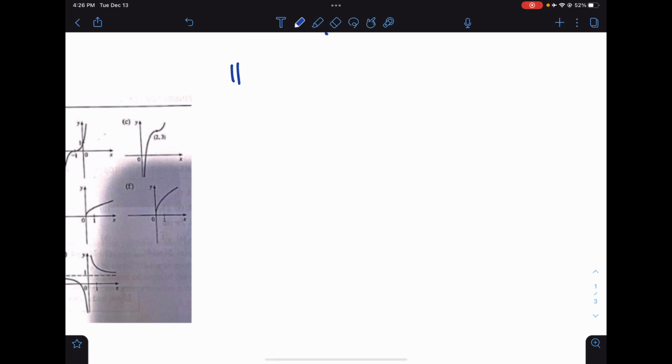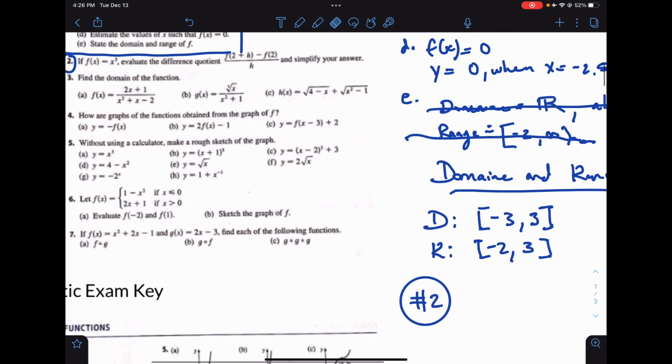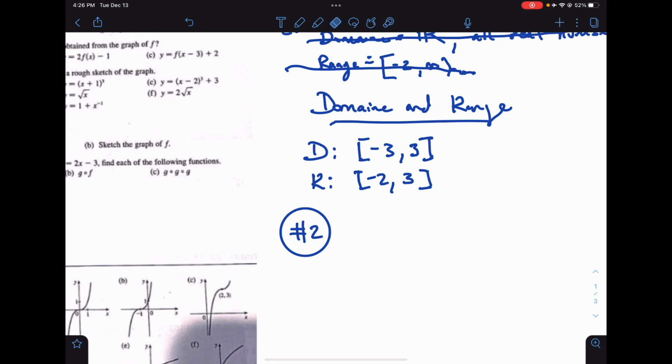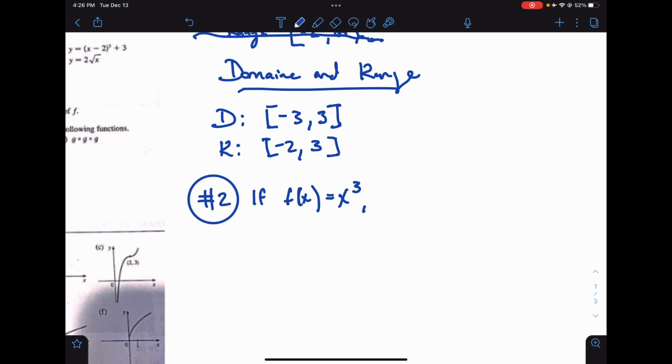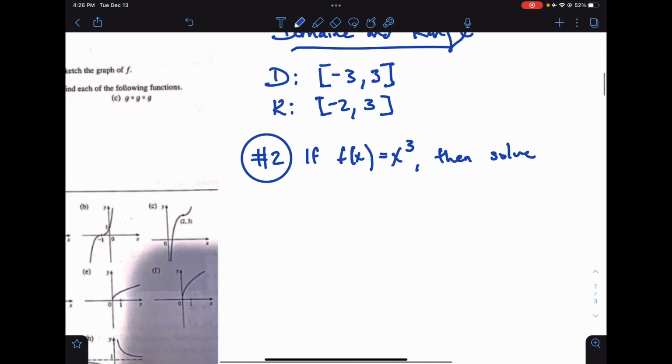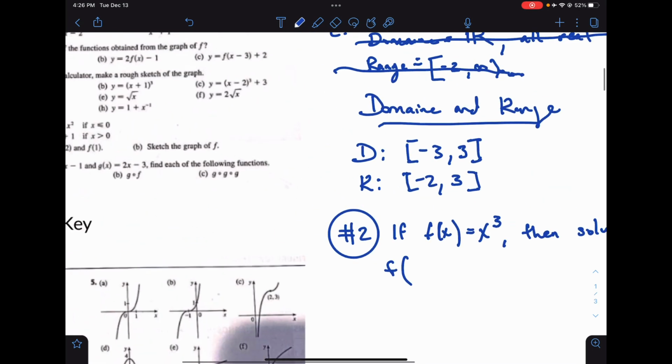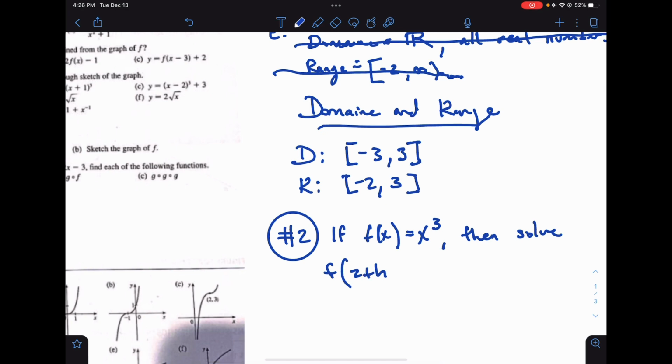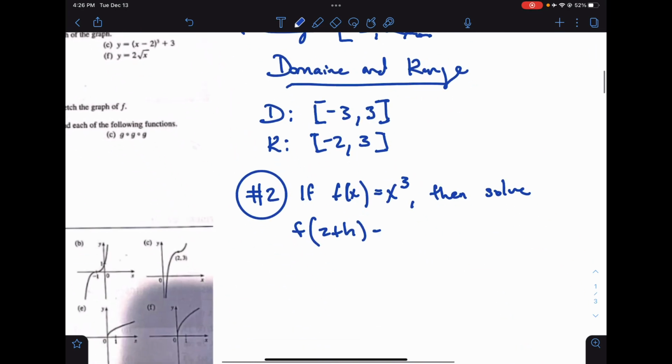So it's asking us, if f of x is equal to x cubed, then evaluate the difference quotient, which is f of 2 plus h minus f of 2, over h.